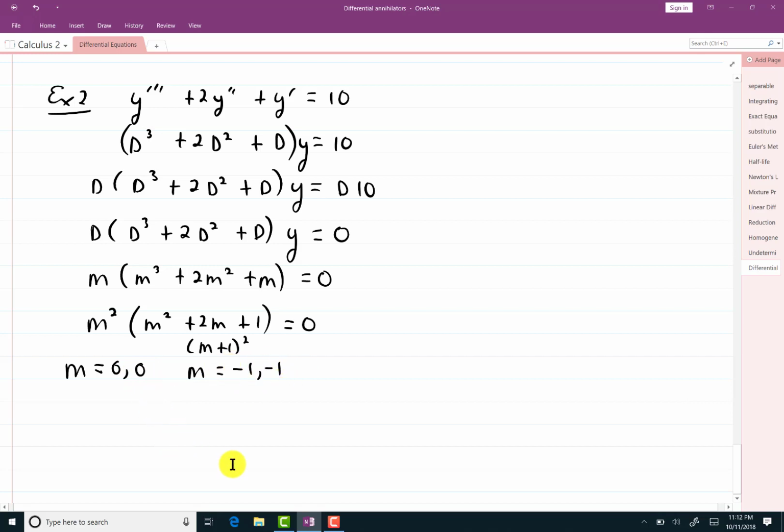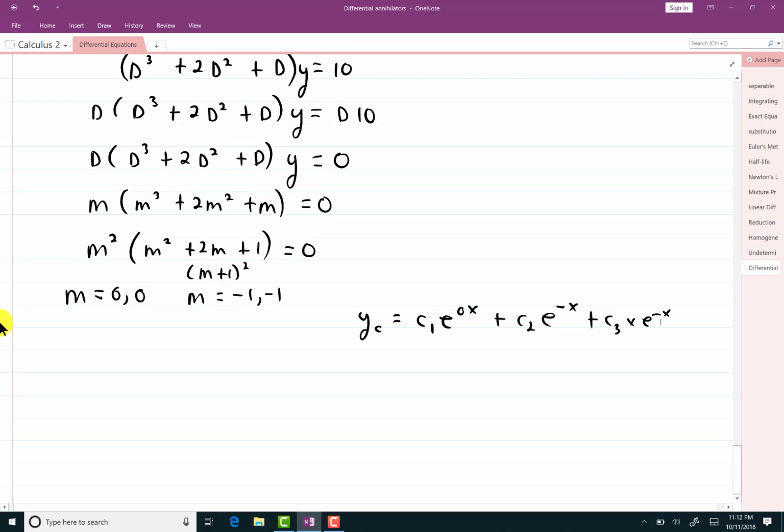So what you're going to get for your yc, this part right here will give us c1 e to the 0x, that's just c1, plus c2 e to the -x, plus c3x e to the -x. Remember, when you have a repeated root, you'll put an x in front of it like that. So that was the original yc.